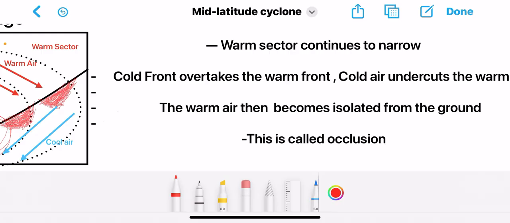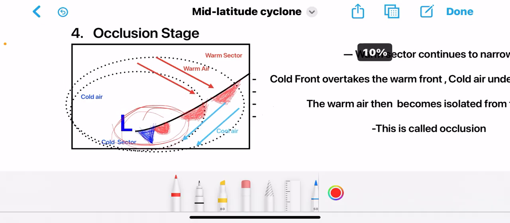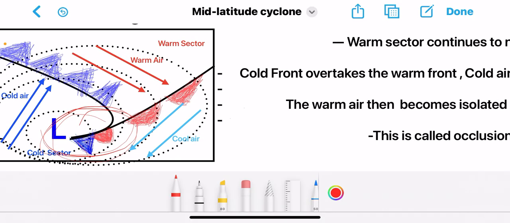Of the cold occlusion and the warm occlusion. We have 2 types of occlusion: the warm occlusion and the cold occlusion. So we have the cold front occlusion and the warm front occlusion.